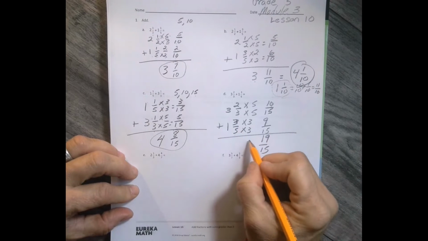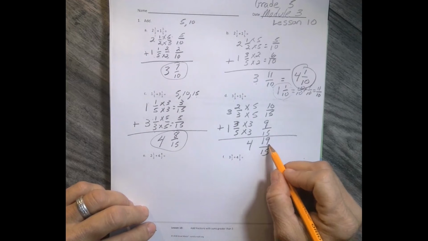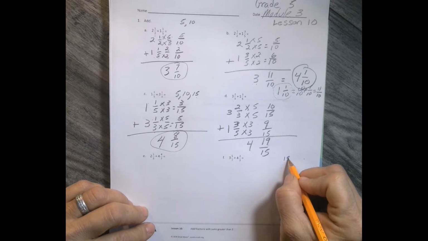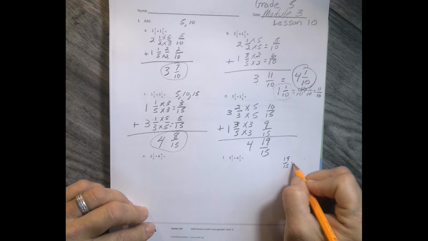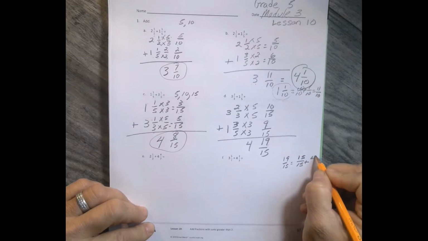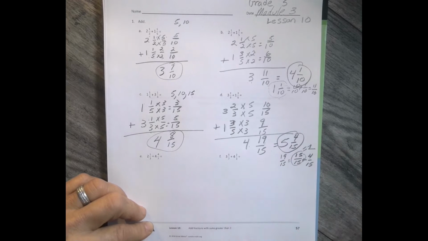And over here we have the 3 plus 1, which is the 4 for the whole number. So we can take out 15/15, right? Because 19/15 is the same as 15/15 plus 4/15. And this 1 we add to the 4, that's really equal to 5 and 4/15.